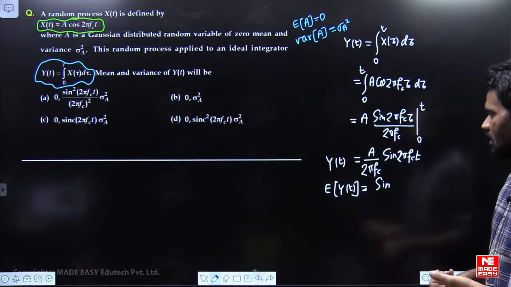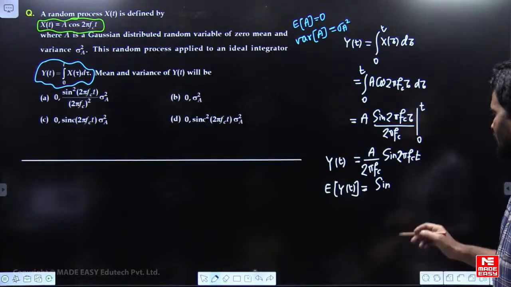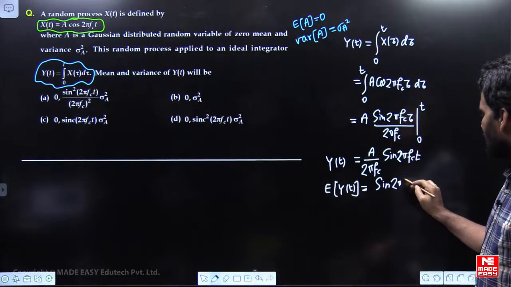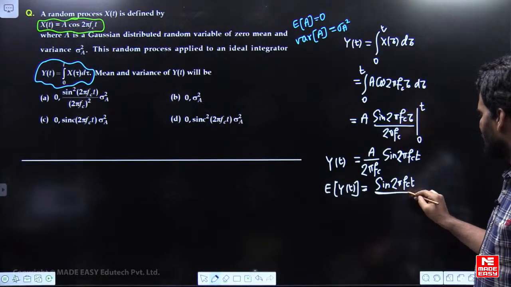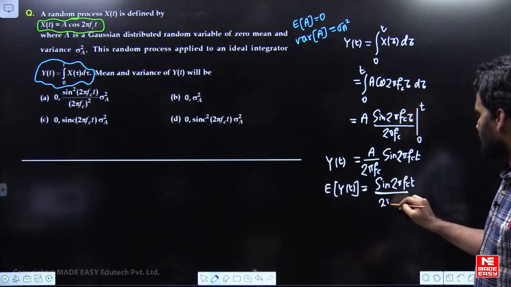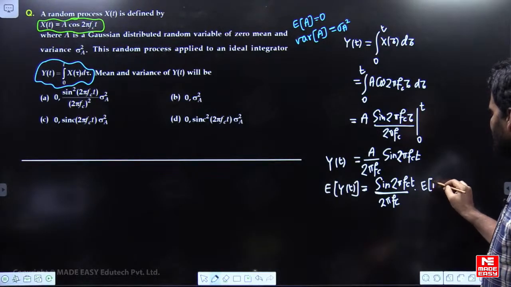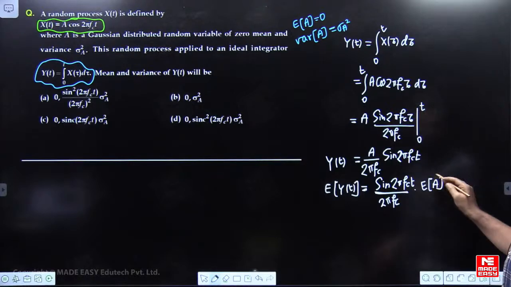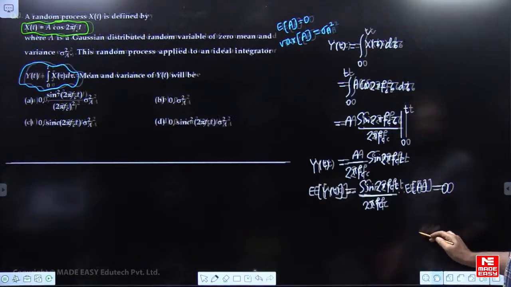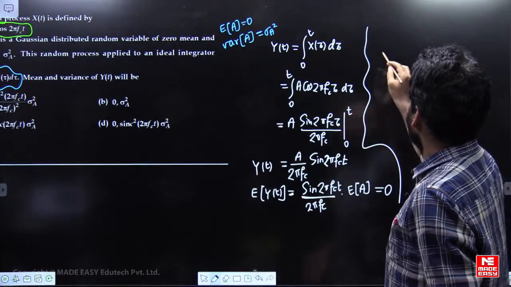Like expectation of kX, you can write k times expectation of X. So this is sine 2 pi f_c t upon 2 pi f_c into expectation of A. Expectation of A is given 0, so 0 times something will be 0 only. It is the mean. Then what about variance?